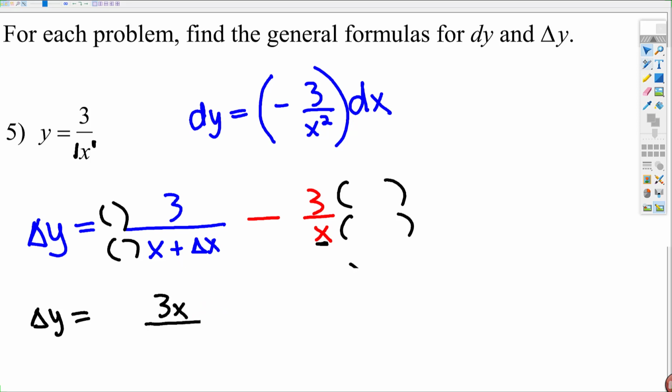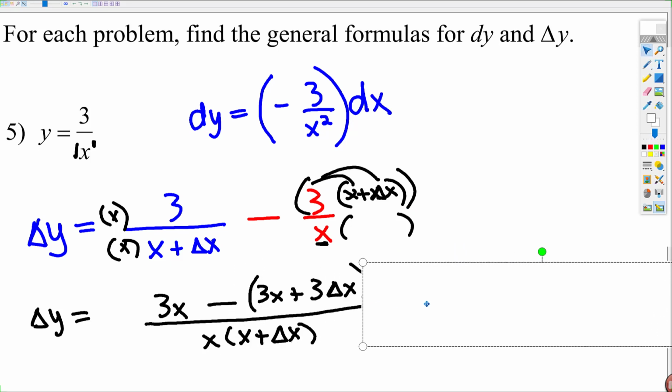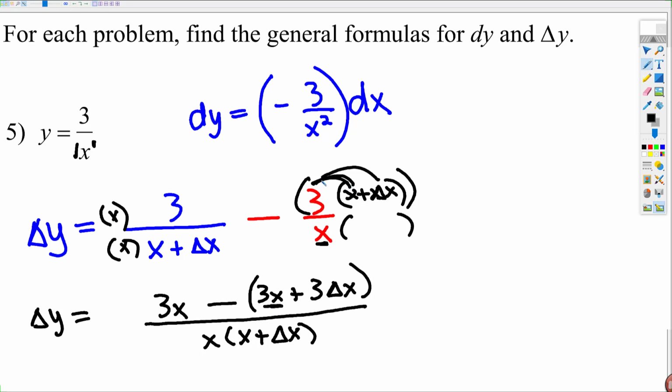If we multiply this top and bottom by x, we have 3x, subtract, and this is x plus delta x. So remember, we're subtracting this whole thing, and then you do the distributive. So 3 times x is 3x, 3 times delta x is 3 delta x, and the denominator, they now share the same denominator, x times x plus delta x, and then you just simplify.